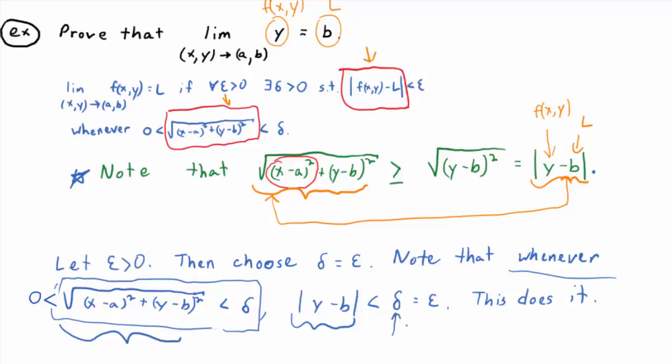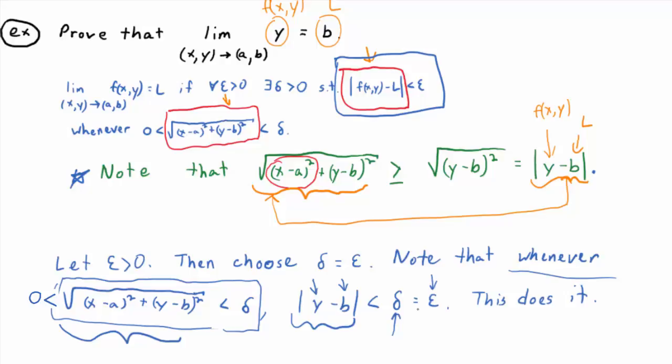And since we can choose delta to be anything we want, since we assumed that delta equals epsilon, we've just shown what we were required to show, that we can get the distance between f of xy, which is y, and L, which is b, to be less than epsilon for that choice of delta equaling epsilon. That's it. It's almost automatic.